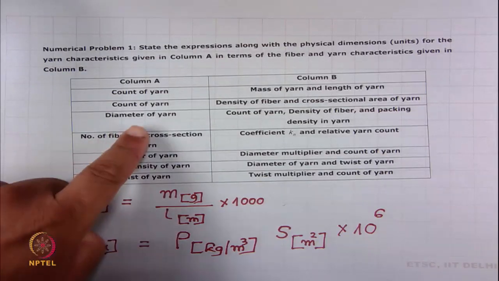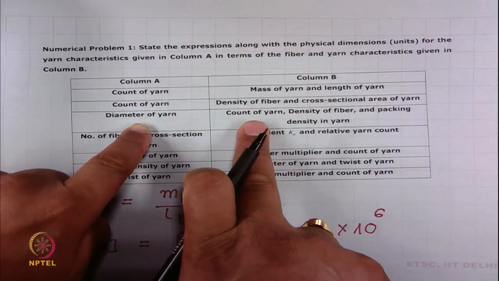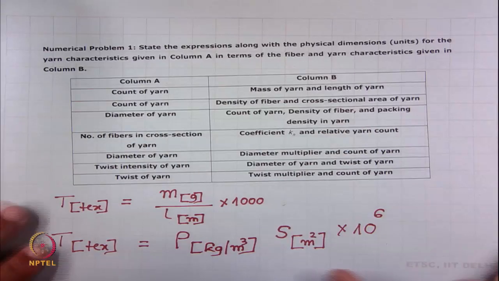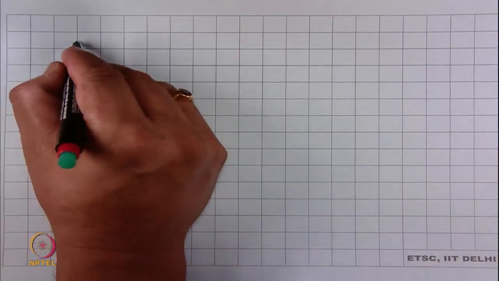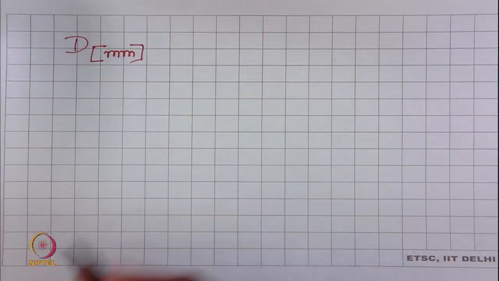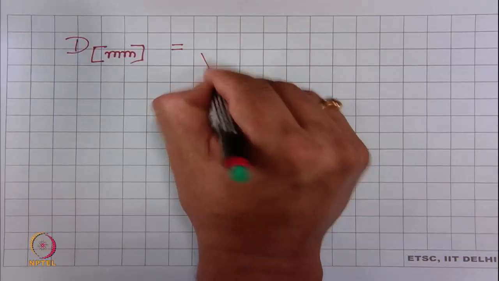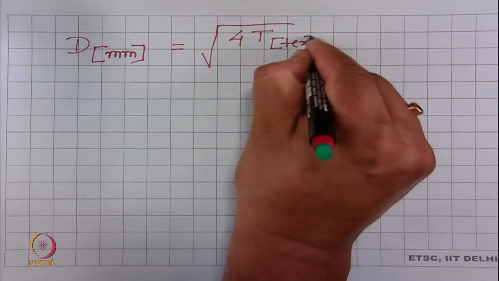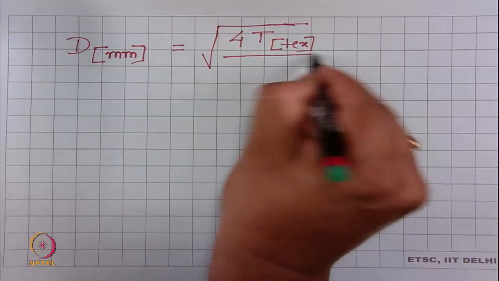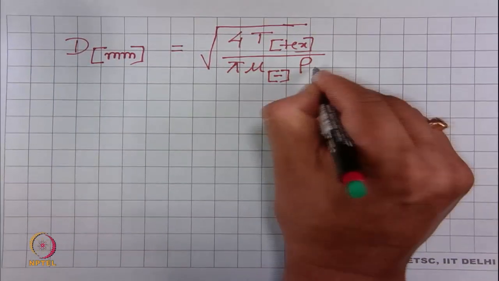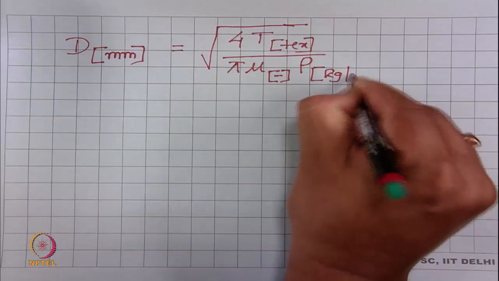Third, diameter of yarn in terms of count of yarn, density of fiber, packing density in yarn. So, let us write on the next page, diameter of yarn D, suppose in millimeter, in terms of count of yarn, divided by pi times mu, packing density is dimensionless, into rho kg per meter cube.